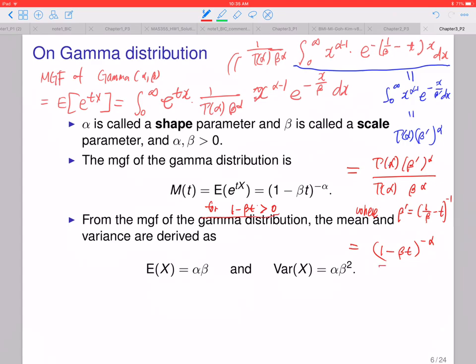From that we can easily compute the mean and variance using the MGF. Or if you want, you can use the integration directly.